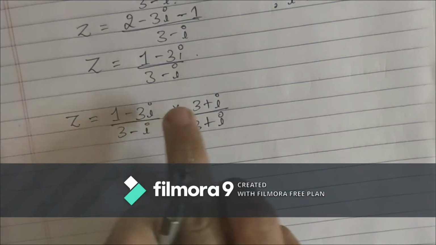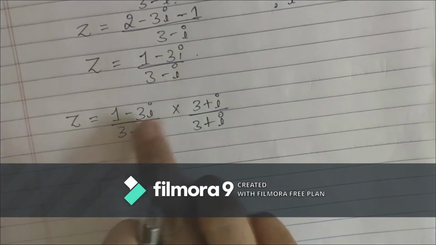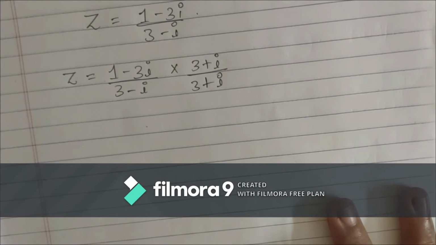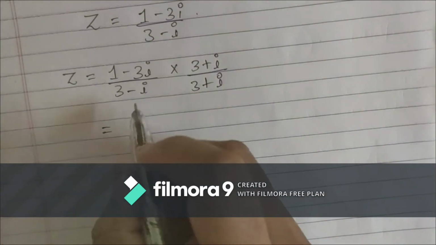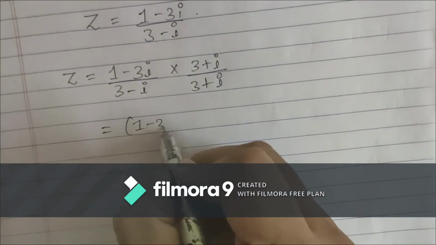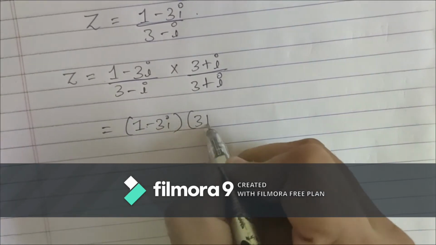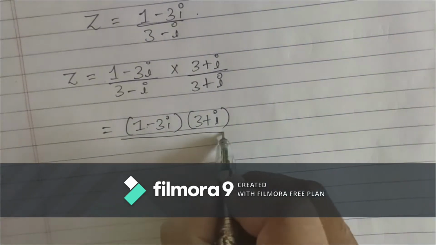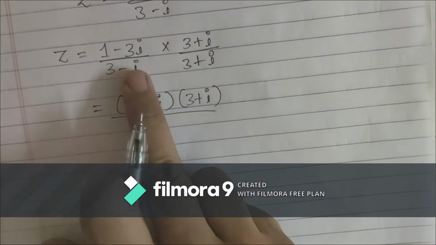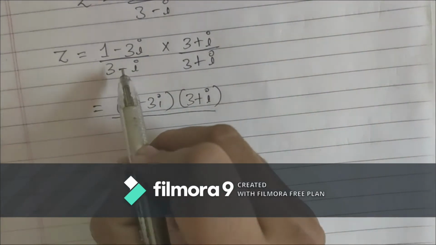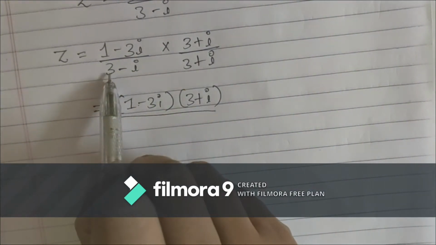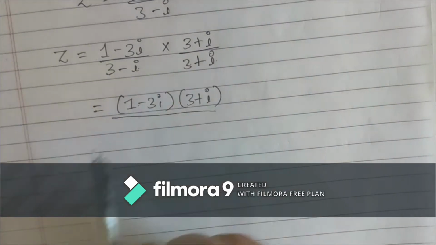If it is a plus, then you take minus. If it is minus, then you need to take plus, right? So (1 minus 3i)(3 plus i). In the denominator it looks like a minus b, a plus b.